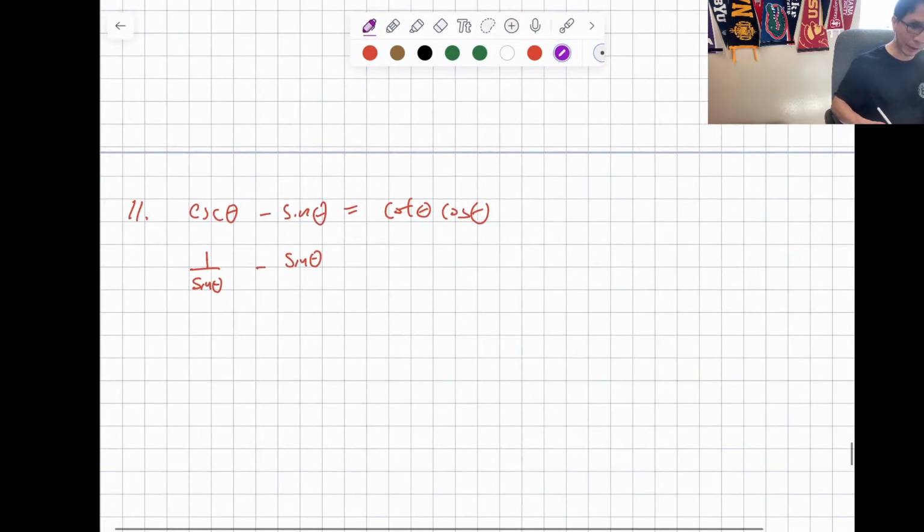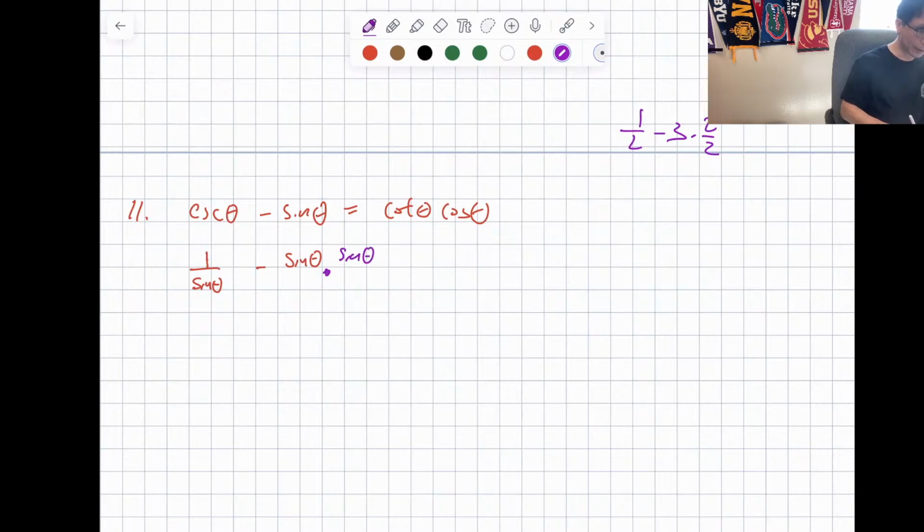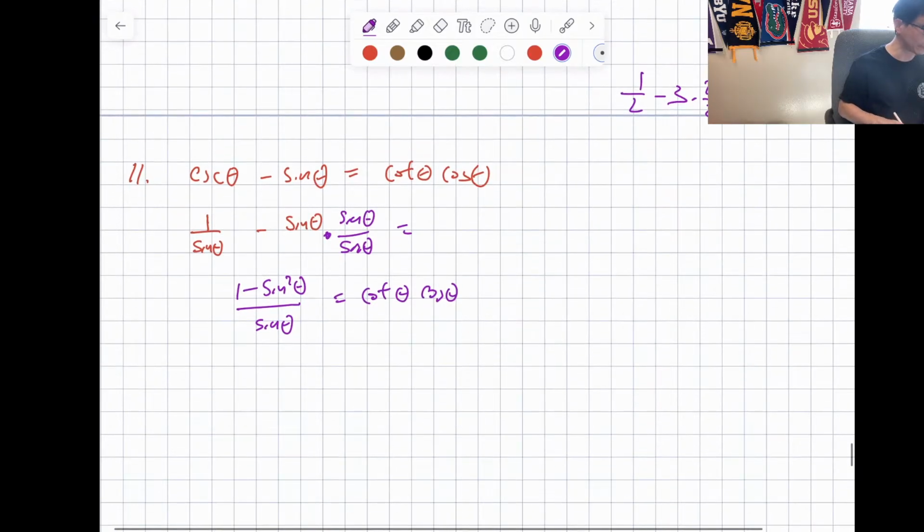Just think about if you have 1/2 minus 3, you must multiply this by 2 over 2, to have a common denominator. So what do you need to multiply this side by? Sine theta over sine theta. So this is going to be 1 minus sine squared theta over sine theta. That's equal to cotangent of theta cosine theta. I did not move anything on the right side.